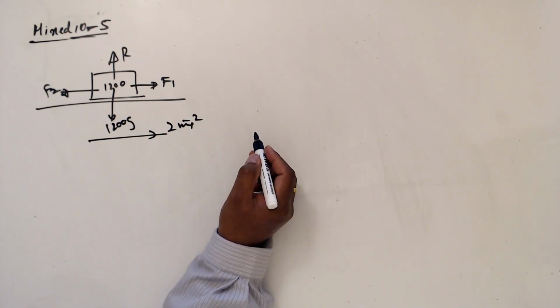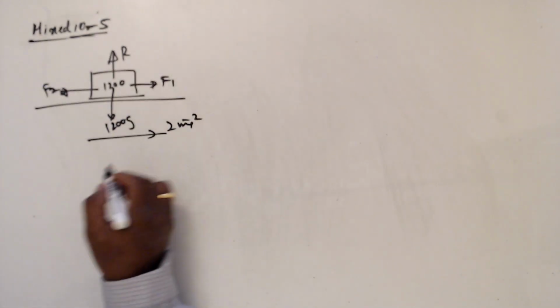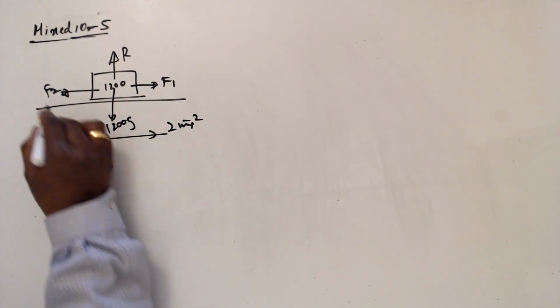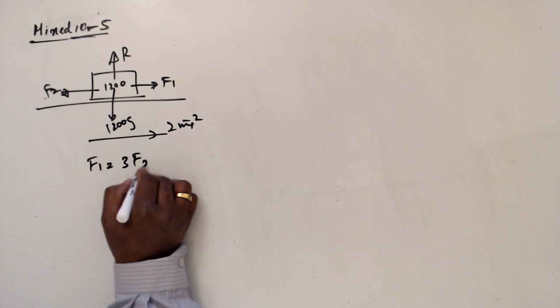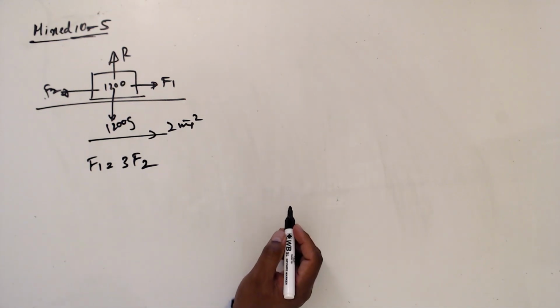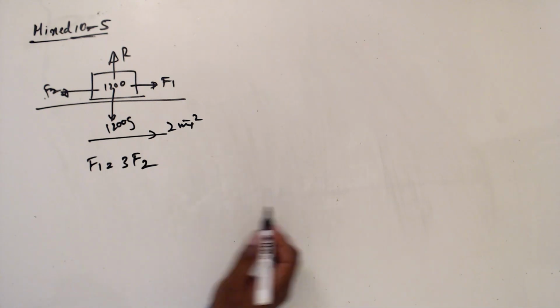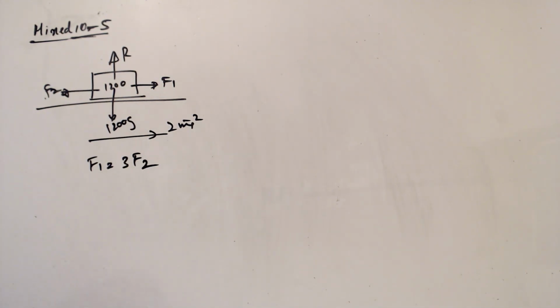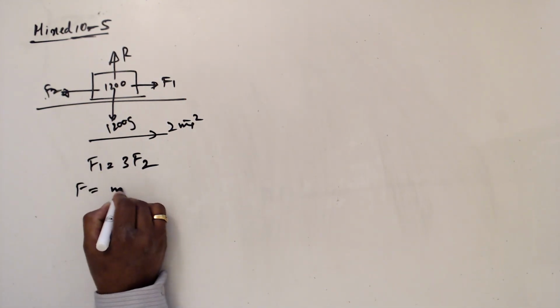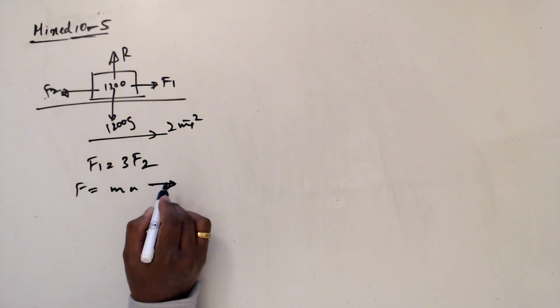The magnitude of the driving force is 3 times the magnitude of the resistant force. So F1 equals 3 times F2. This is also given. We need to find the driving force. So we'll put F equal ma in this direction.